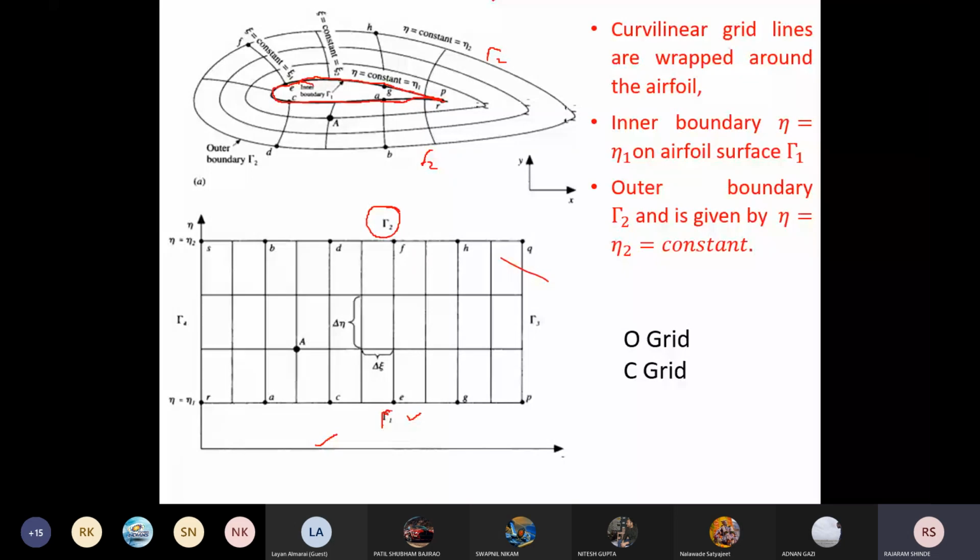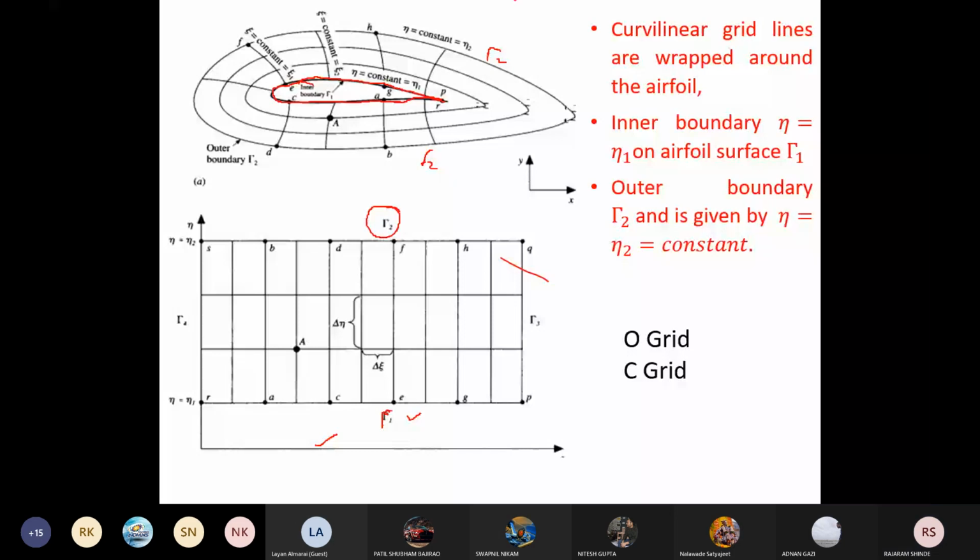And next, another form is, if we have a curvilinear grid with eta equal to constant lines trailing downstream, that means here if we take eta equal to constant in the downstream direction to the right, which may not close the aerofoil on all boundaries, then that grid is known as a C type grid.